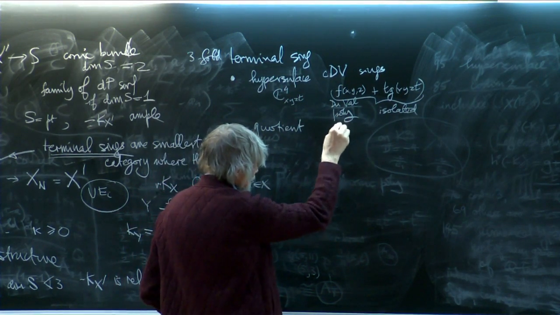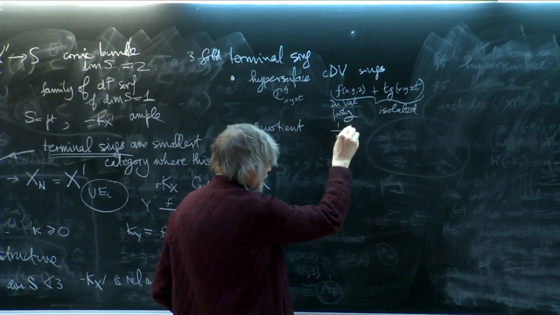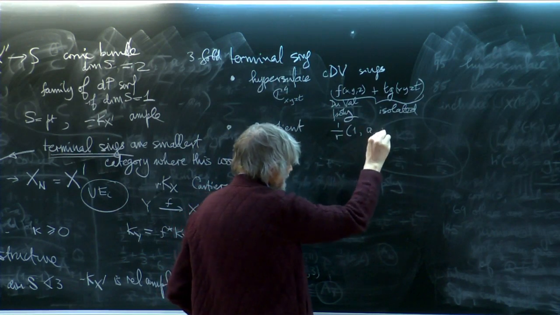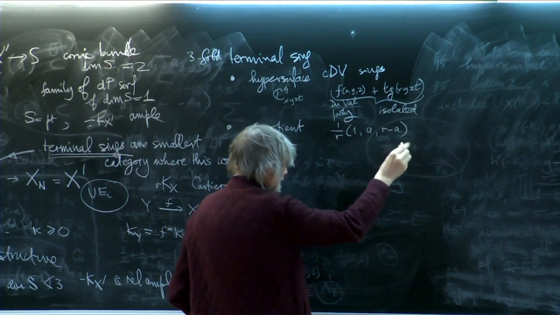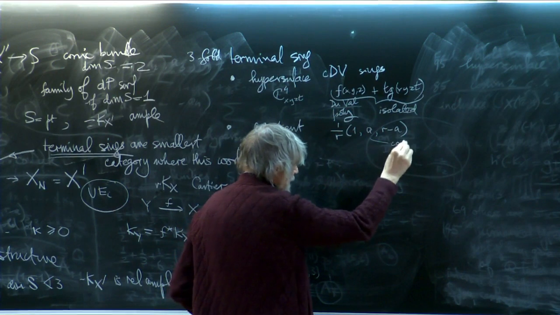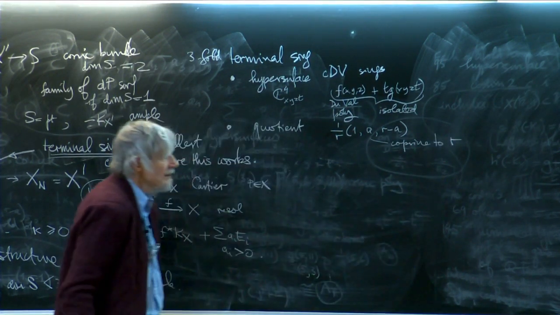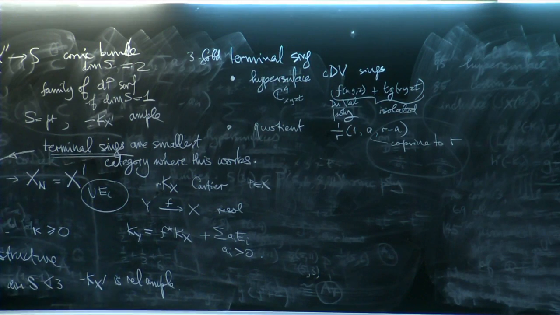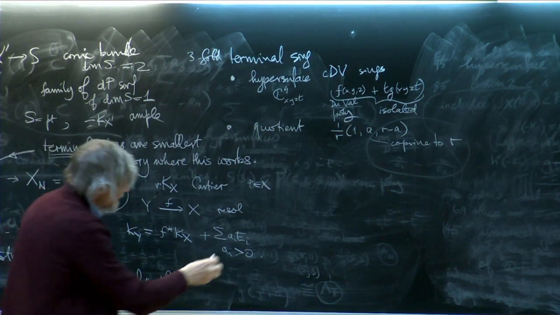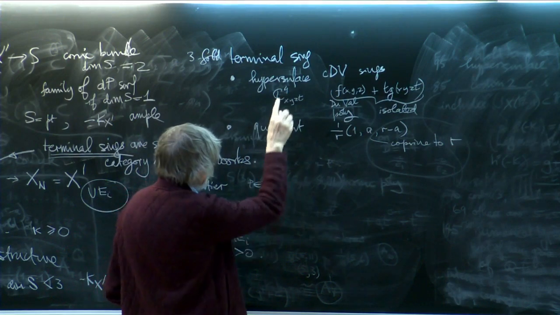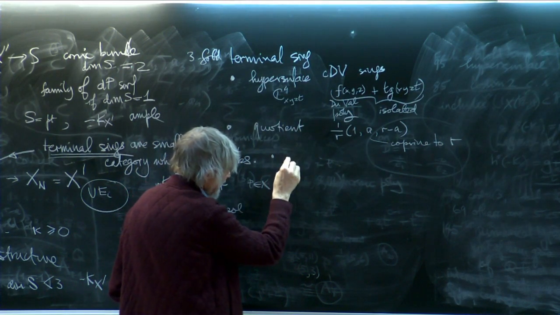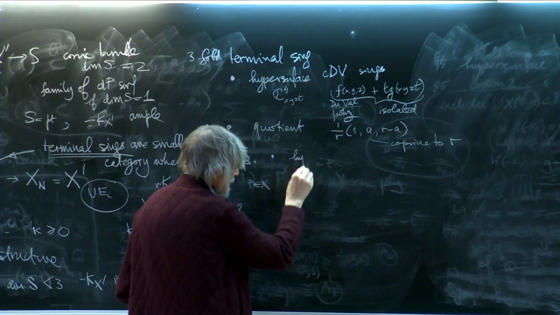So the orbifold points, 1 over r, (1, a, r minus a), and here a and r are coprime. Yeah, so that's why I keep on about these orbifold points, and then there's a kind of mixed case. There's a hyperquotient.